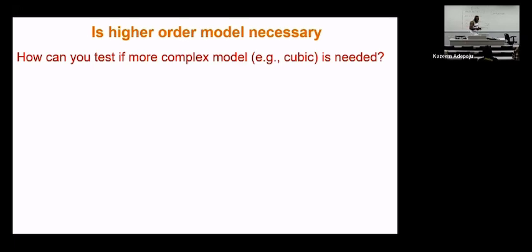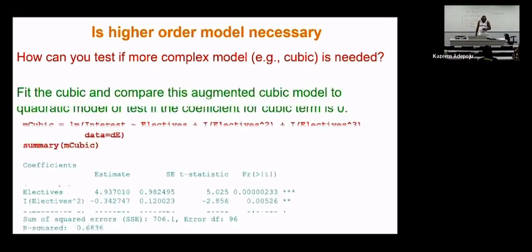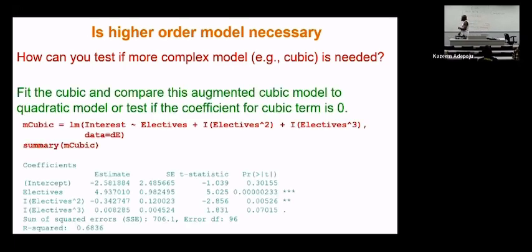Now let's see. How can you test if a more complex model is needed? Let's take a look at this. This is an R output for fitting a polynomial of order 3. When I fit a polynomial of order 3, what is my R square here?